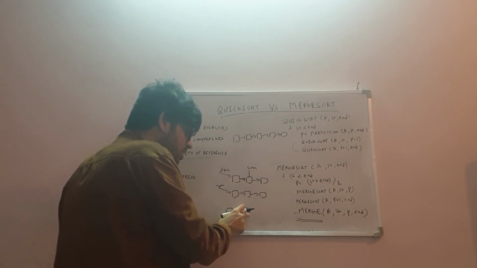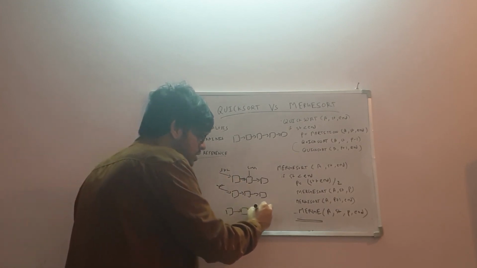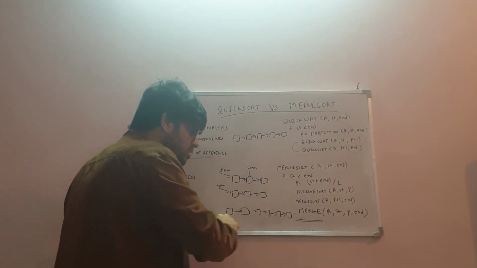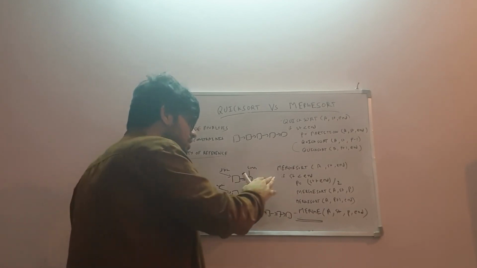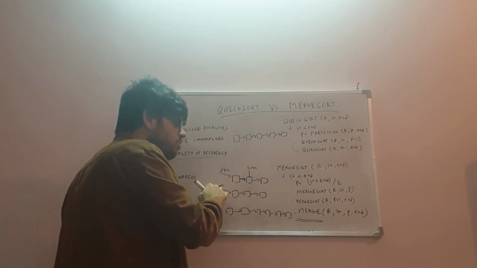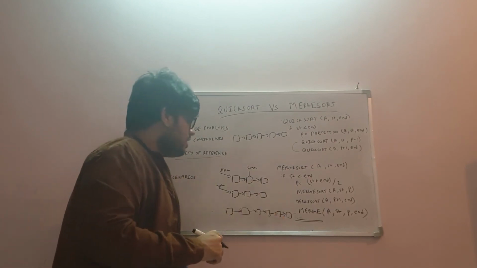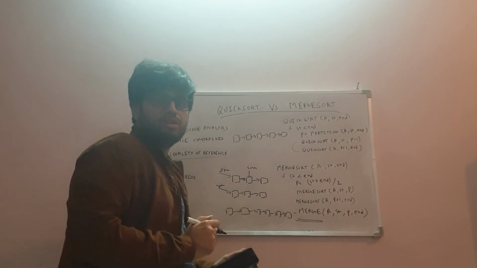So we are actually just rearranging the links to form the sorted list, right? So in this case, we didn't utilize any extra space. So in the case of a linked list, Mergesort would be the preferred way to go since it provides a worst case time complexity of n log n and we are not using any space, right?